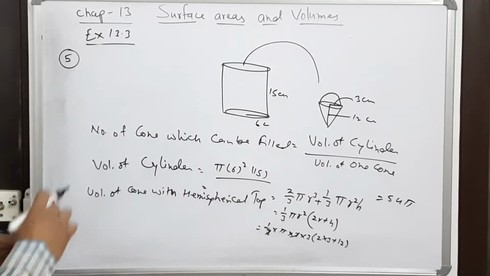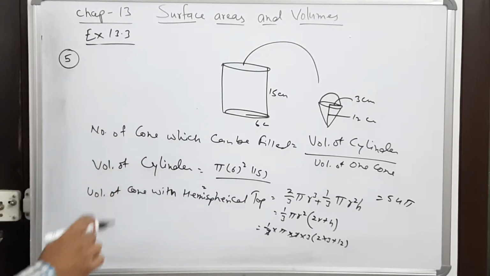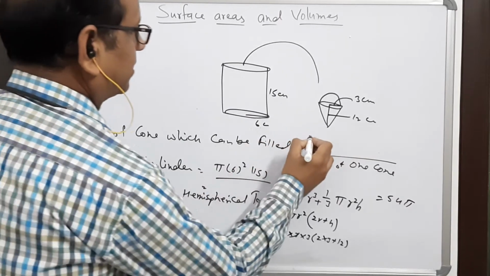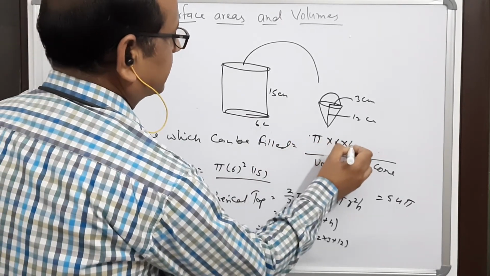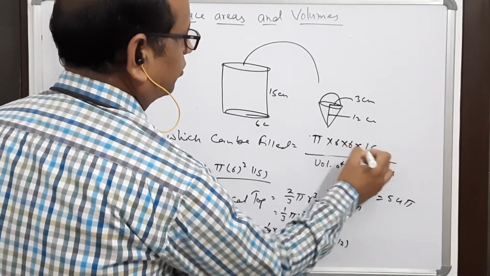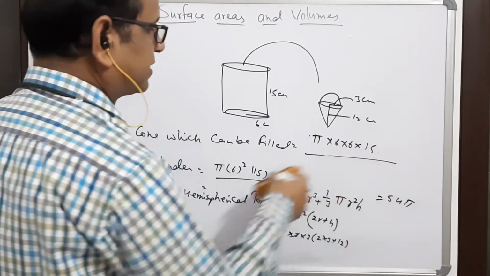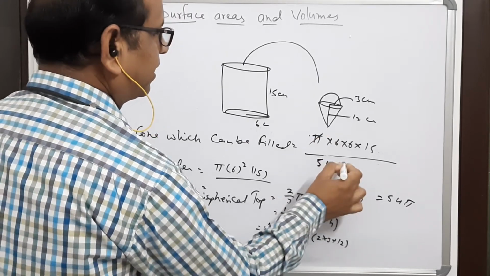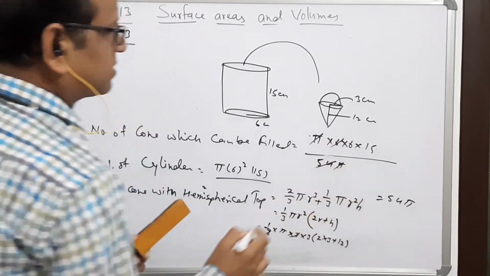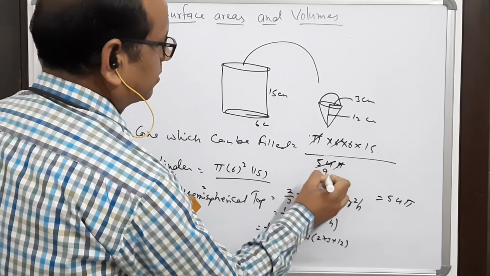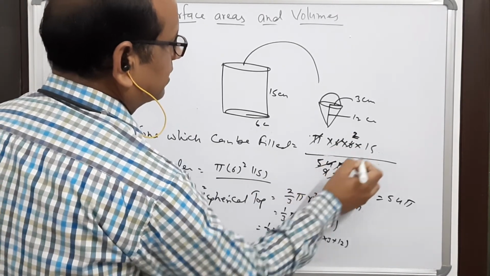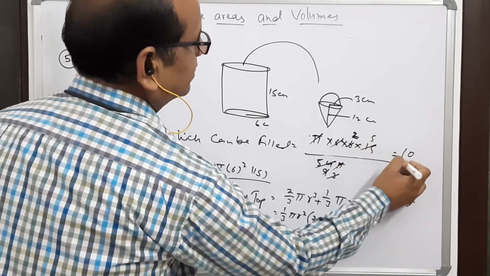And you see this part. So what will be the number of cones now? Putting this data in the formula, the volume is pi into 6 into 6 into 15, and this is 54 pi. So pi and pi cancel. 6 nines are 54, 3 twos, 3 threes, 3 fives. So the answer is 10.